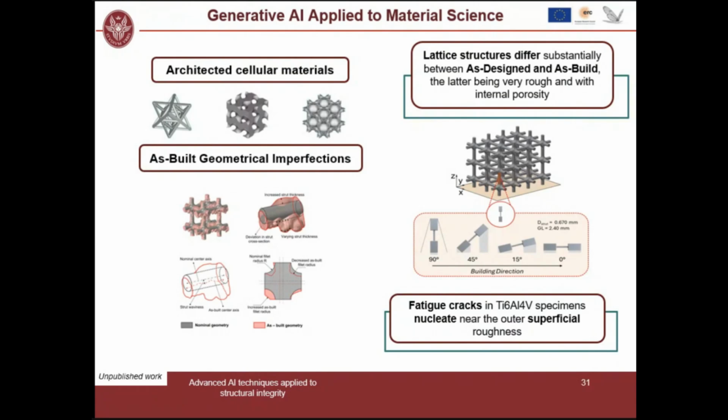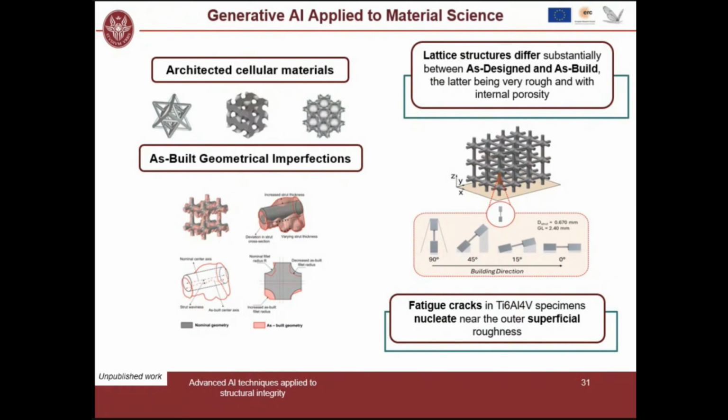And those defects, that roughness, change the mechanical behavior of your lattice structure. That's a problem for static behavior, but not a huge one, because you will see some deviation from your design prediction, but it's not too much of a big deal.